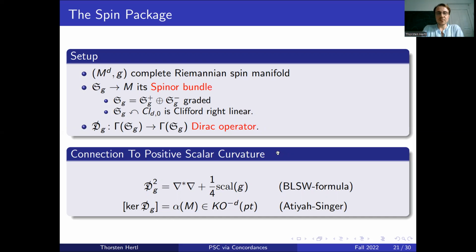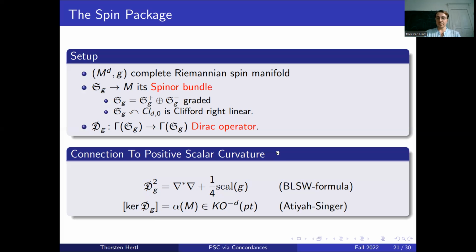This is more than just an orientation. The reason why we are interested in spin manifolds is that the spin condition allows us to construct a spinor bundle over it. And in fact, this is equivalent. If you have a spinor bundle of this kind, then you also know that your manifold is spin.